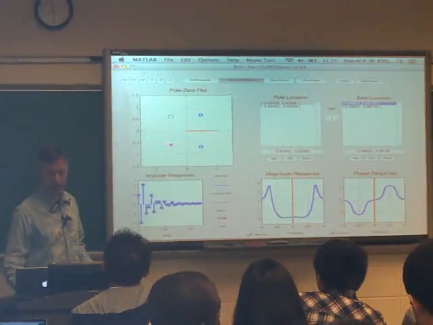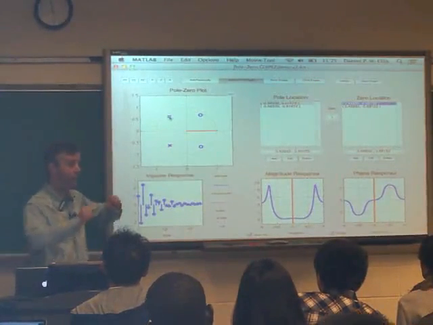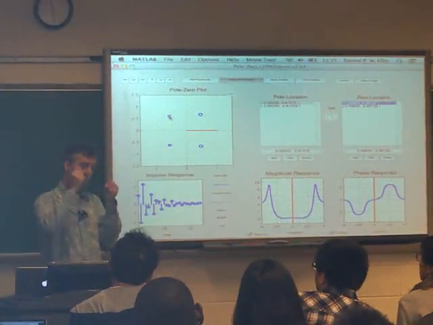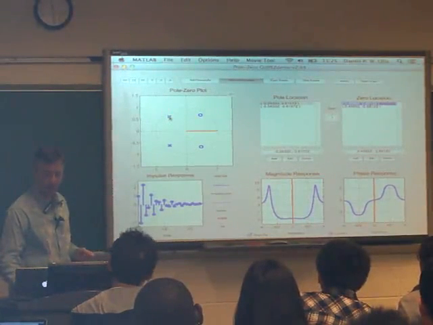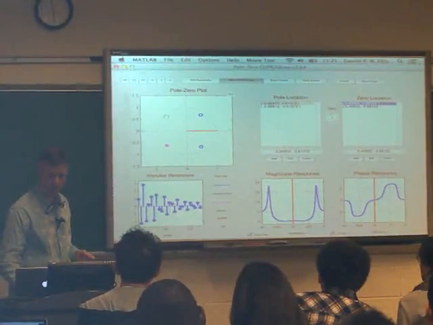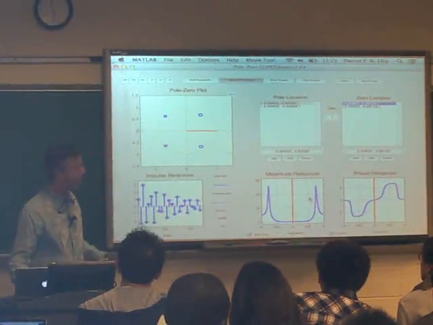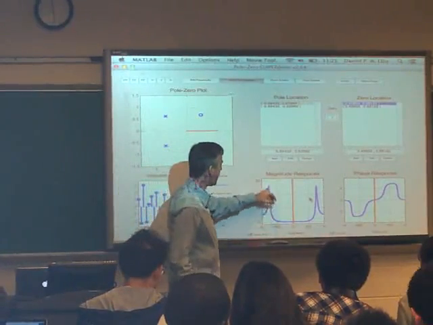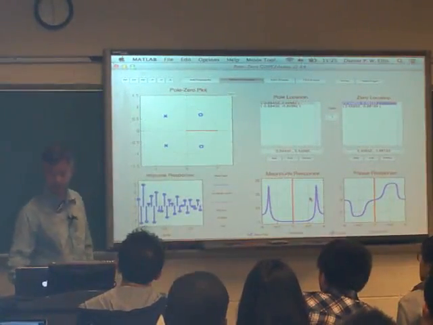And depending on how close they are to the unit circle, that's how close to the center of the peak we're going to get. So you see the oscillations become slower and slower to decay, right? And the peaks in the magnitude response are getting larger and larger and also sharper at the same time, right?